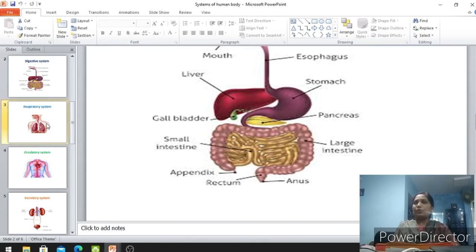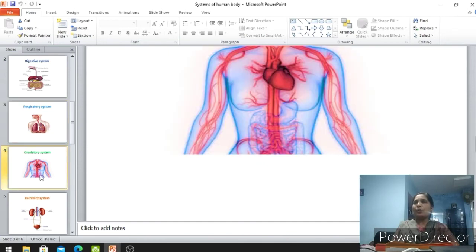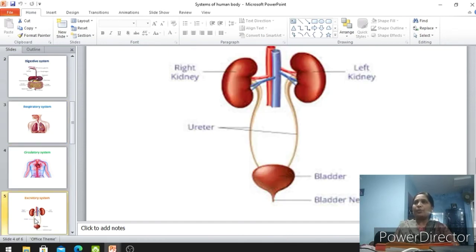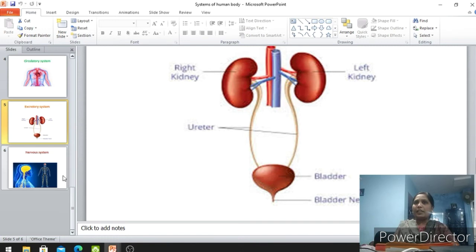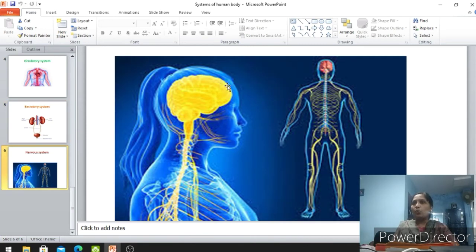You know about the stomach, you know about the lungs, you know about the heart, you know about the kidneys. And the last internal organ, a very important internal organ located in the head, is the brain. So this brain controls all the other organs' work. It controls all the functions of other systems.